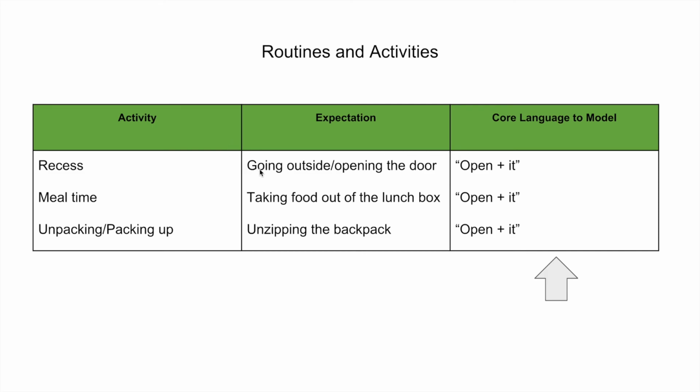Highlight the words open it when going outside or opening up the door, when taking food out of a lunchbox. Incorporating core vocabulary into everyday routines or activities consistently promotes communication success and symbolic communication development.